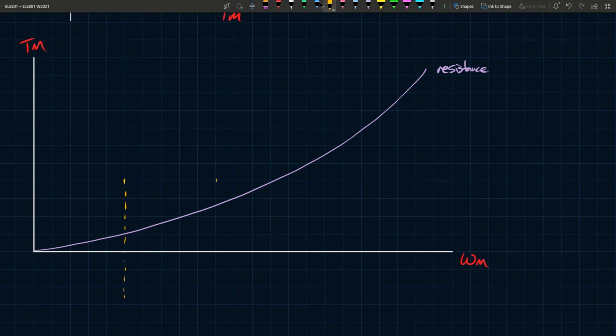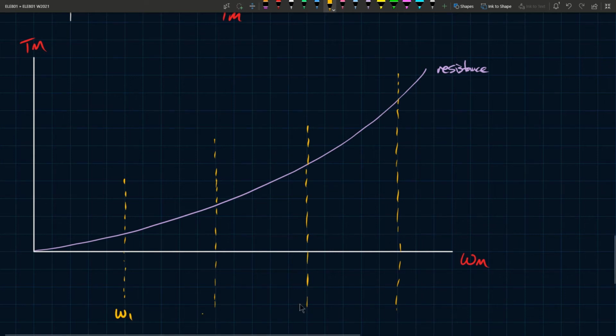So every 5 blocks, I'm going to create a sort of new boundary type of thing. That is also 5. And I only need 4 of them, so we're okay. So here, we'll call this omega 1, we'll call this omega 2, we'll call this omega 3, we'll call this omega 4.